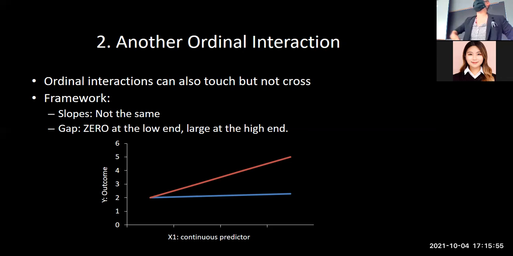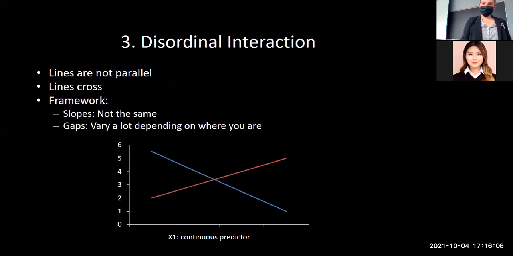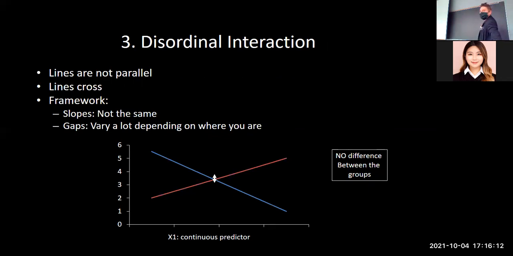If your intervention is effective, that's the word I was looking for, effective. And no difference between the groups on this, which is the same with this example. You would still have a point at which there's no difference between your groups, where they overlap.